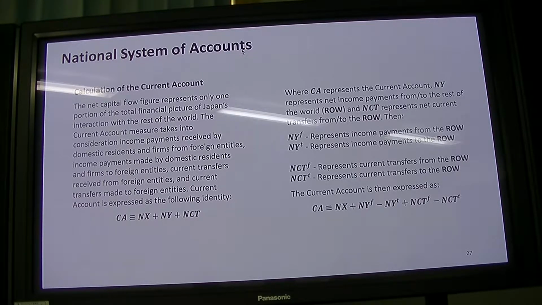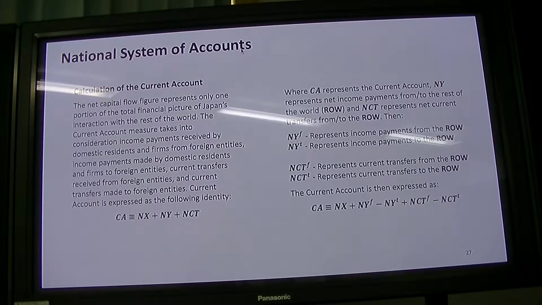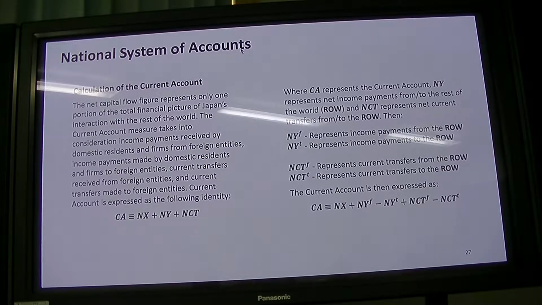Sometimes this part gets a little confusing: current transfers also involve investment flows in both directions. So it's past investments and also current investments, the flows that are made. So keep that in mind.